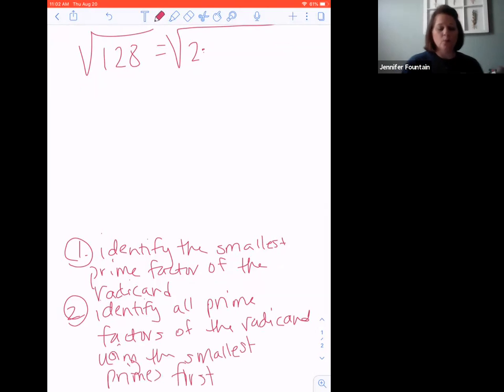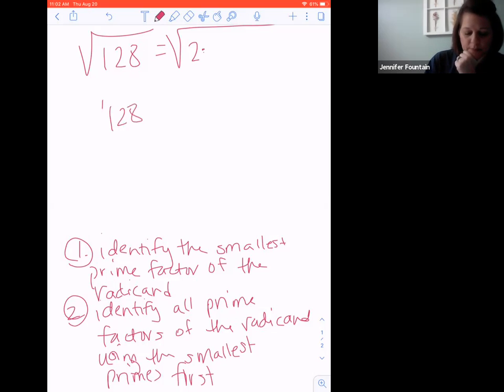So what I'm going to do here is the same as how we did our ladder. I would say, okay, 2 will go into 128. Well, 2 will go into 12 6 times, and 2 will go into 8 4 times. So 2 will go into 128 64 times.